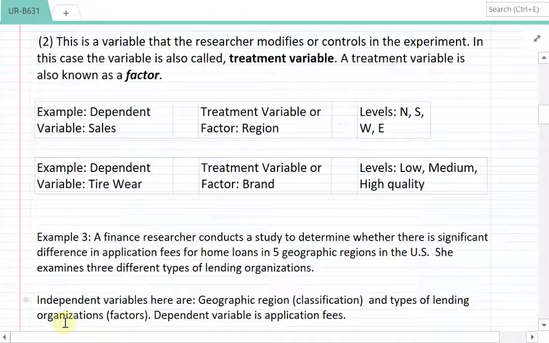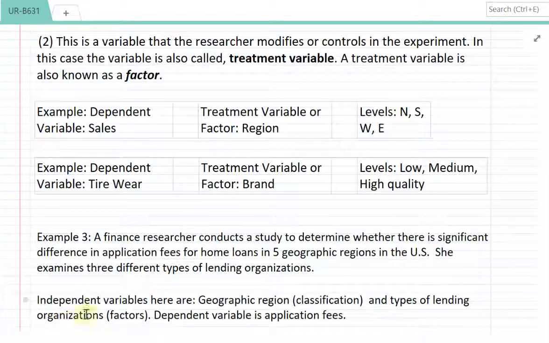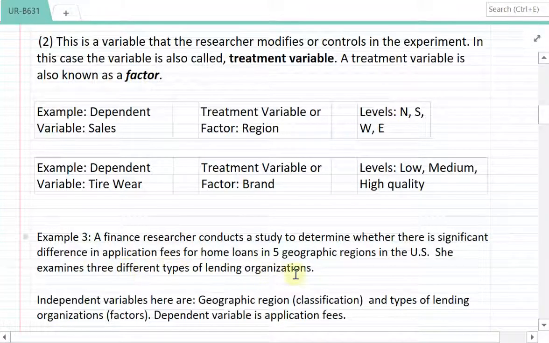And remember, these are 3 different types of lending organizations. And what are we collecting in each of these lending organizations? We're collecting information about application fees. So the dependent variable, the outcome variable, the response variable is application fees.